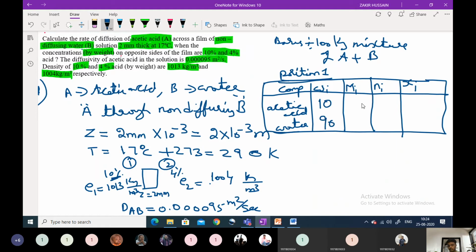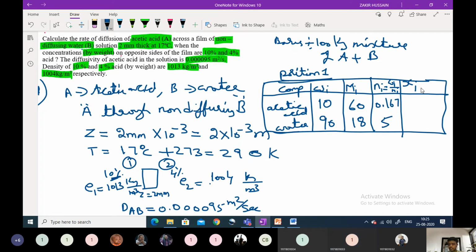Then the remaining water is 90. The molecular weight of acetic acid is around 60, and 18 is the molecular weight of water. Moles is equal to weight by molecular weight, Wi by Mi. So 10 by 60 is 1 by 6, which is 0.167. Then 90 by 18 is 5.